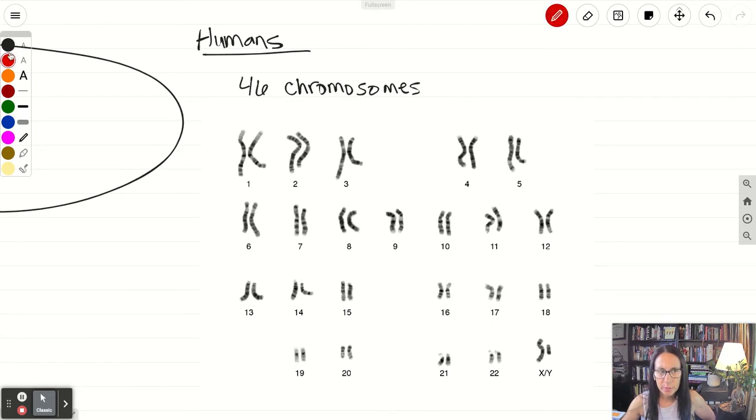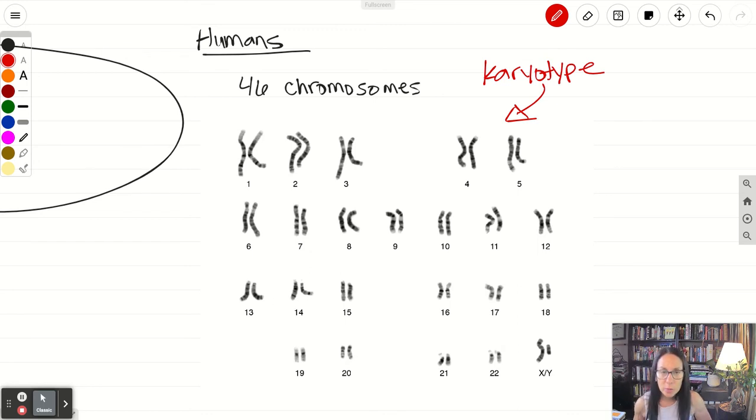Let me just write that word down. And a karyotype is just all the chromosomes lined up in order. And so what we do as humans is we make the biggest one number one, and then the smallest one the last pair, okay? And so this is a human karyotype.